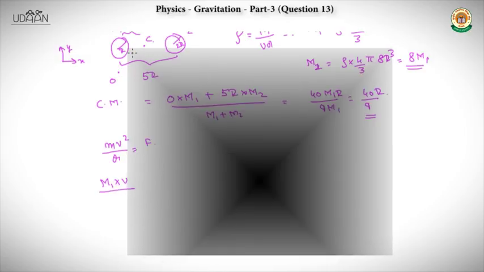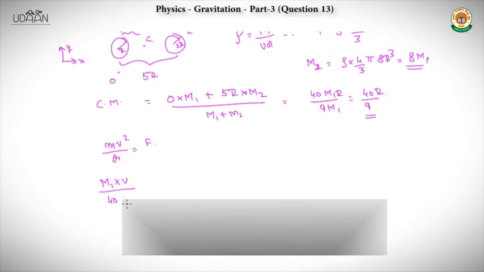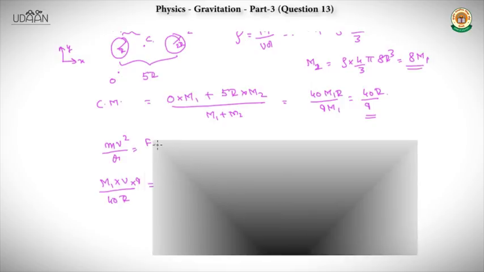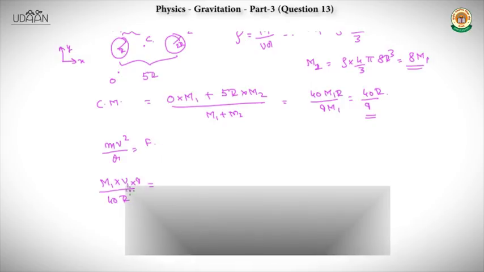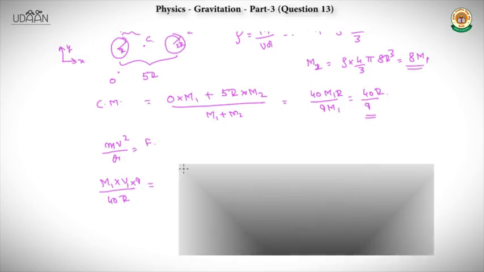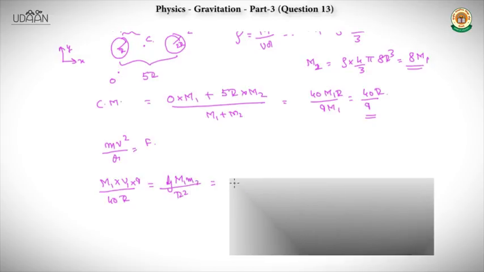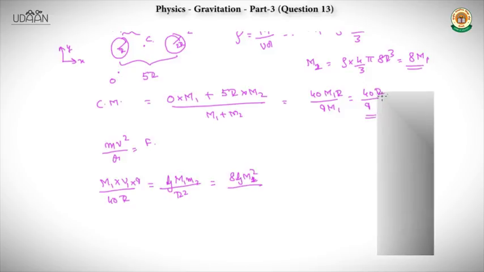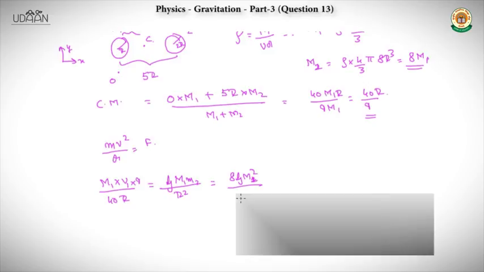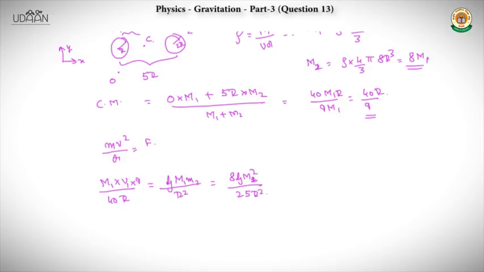We have to find velocity, and r is 40r upon 9. Let's call it v1 for mass 1. So this would be equal to G m1 m2 upon r square. So m2 is equal to 8m. So let me call it as G 8 m1 square upon r, r being 5r, that is 25 r square. Yeah. Fine. So now we'll have to solve this equation.